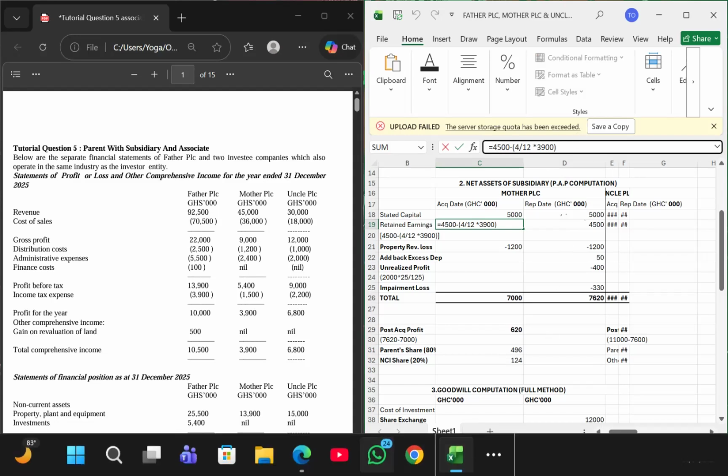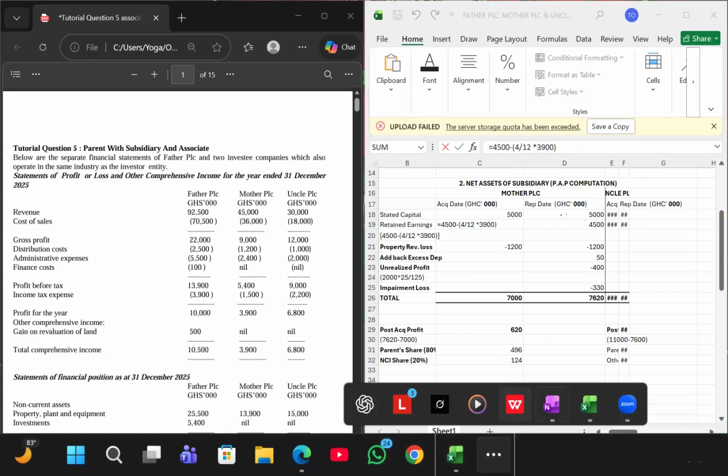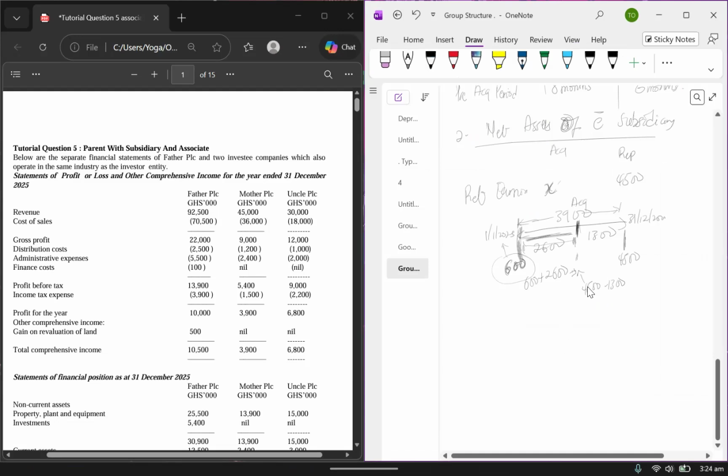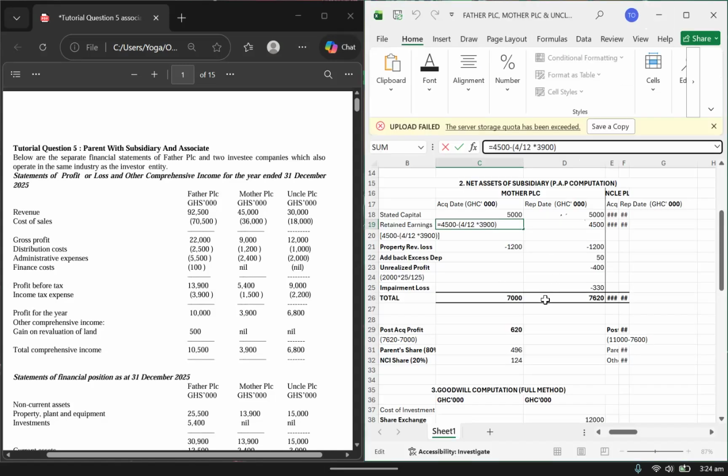That's what I did in here. The 4 out of 12 times 3,900 will give you this. So if you subtract the 1,300 from 4,500, you get the retained earnings as at acquisition, which is what?